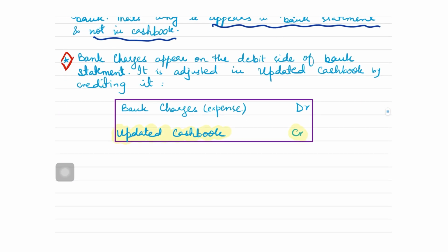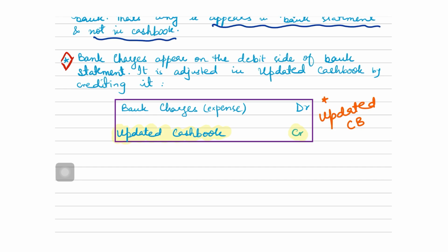Since it is an expense, the double entry is that it will be credited in my updated cash book, and the bank charges or bank loan interest expense would be debited in its own account. So this is the correcting entry.